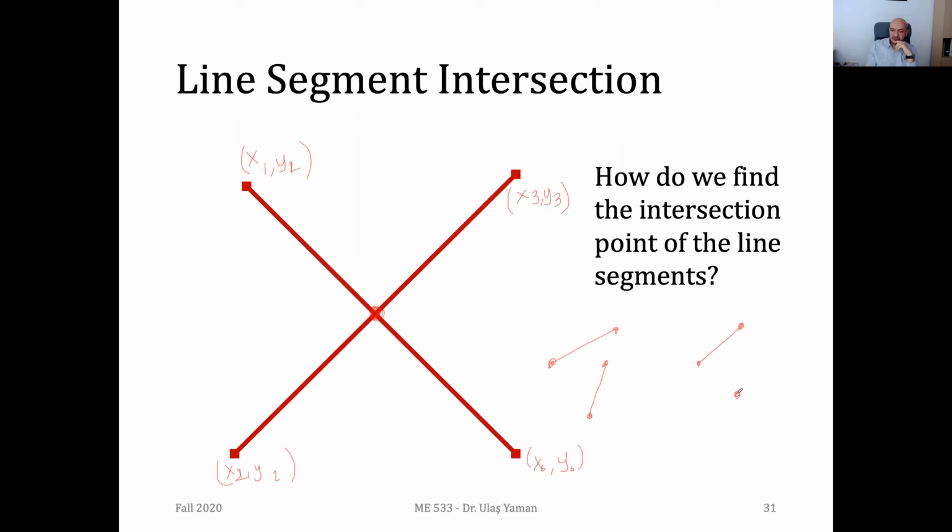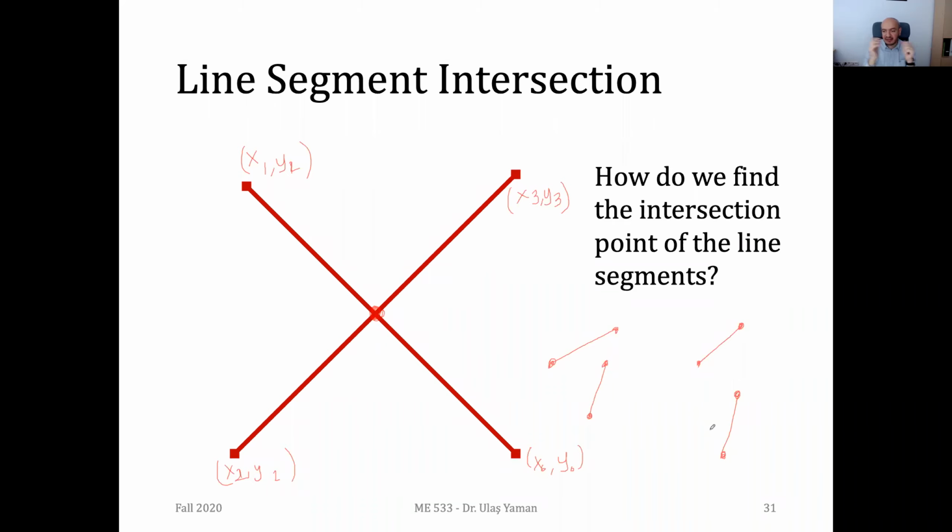What about these, for instance? Do I need to do any computation to check whether these two lines are intersecting? One of you says that you should find equations, but do we need to find equations?